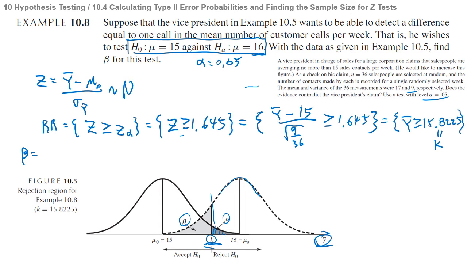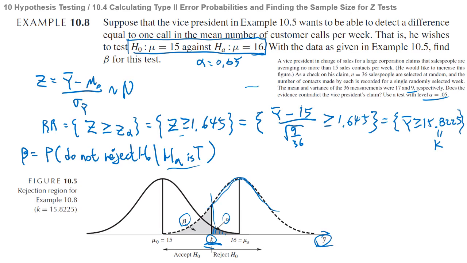Beta is the probability of not rejecting H0 when HA is true. And so if HA is true, the distribution would be this thing.